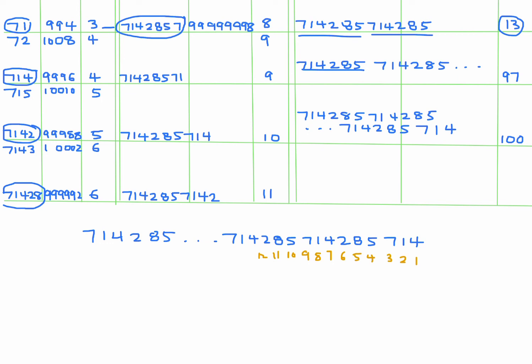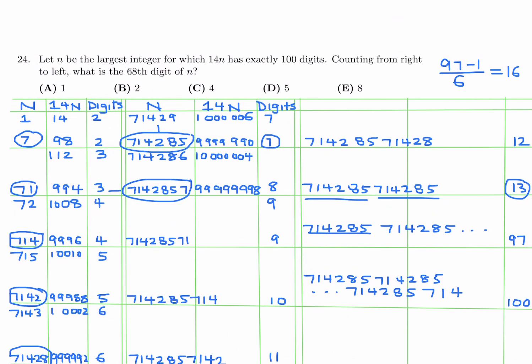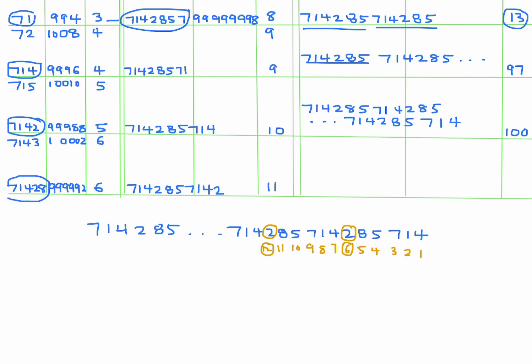right? I'm not going to obviously count to 68, but one thing I notice is that every time it's a multiple of 6, it's a 2. So eventually I'm going to get to a point where I get to a multiple of 6 that's very close to 68, right? Because 68 is the digit that we're interested in. So that's going to be 66.